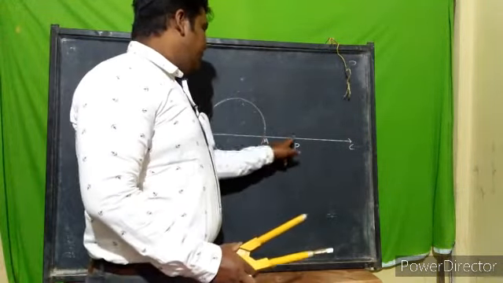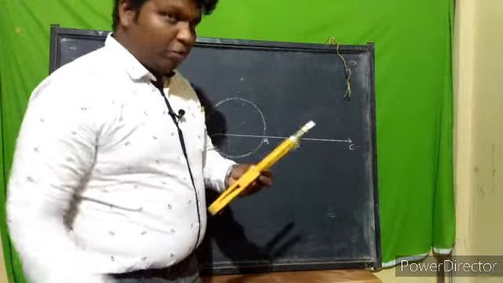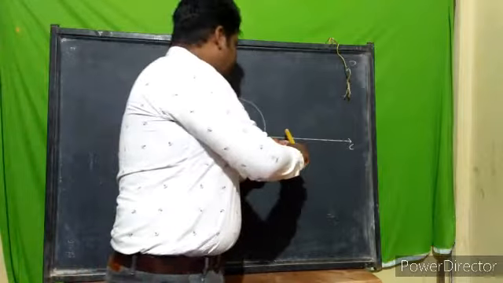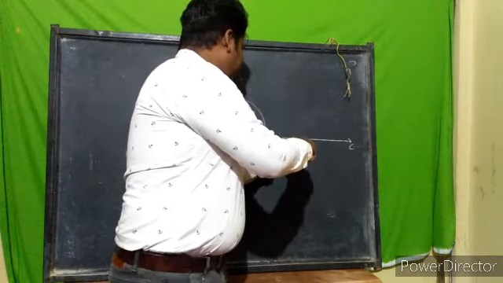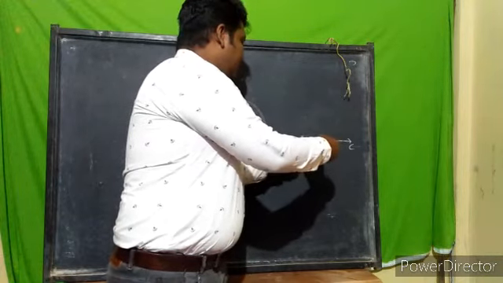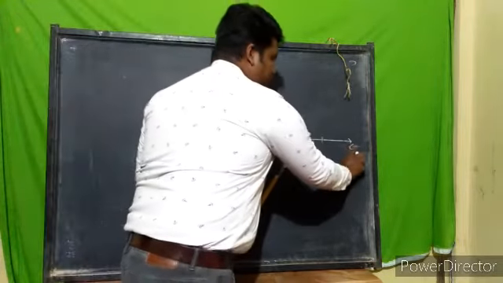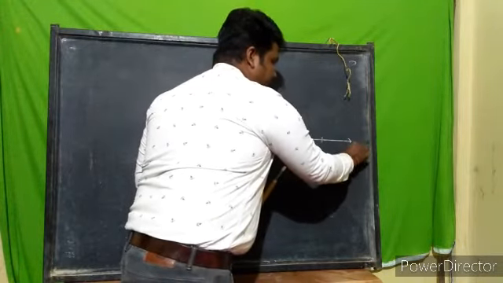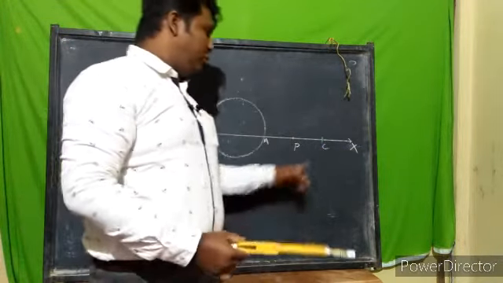Take this AP inside your compass. Take that radius. Take this as the radius AP from P to A, and cut it on this right. Do one thing, take this mark as X, so that you can take this as C. So A, B and C will come together. That will be much more brighter.